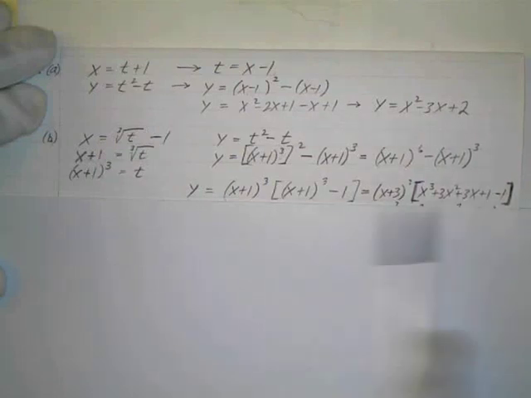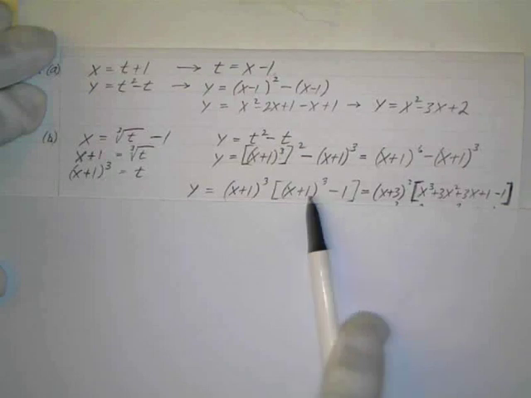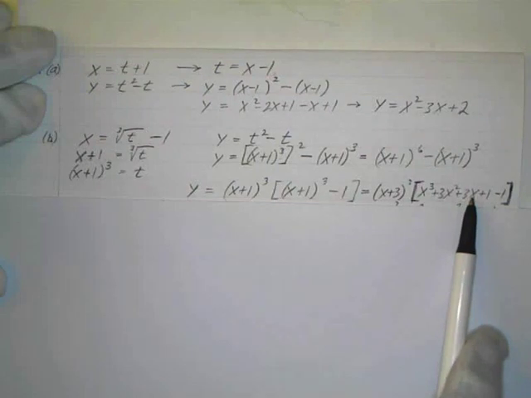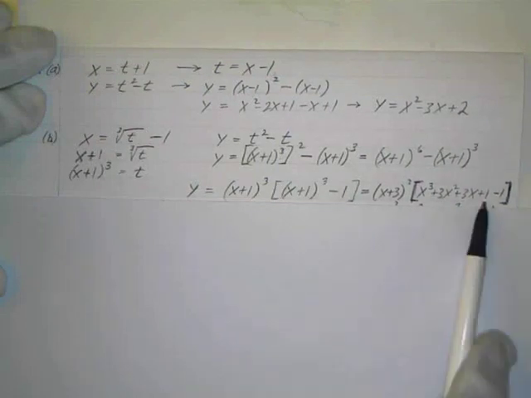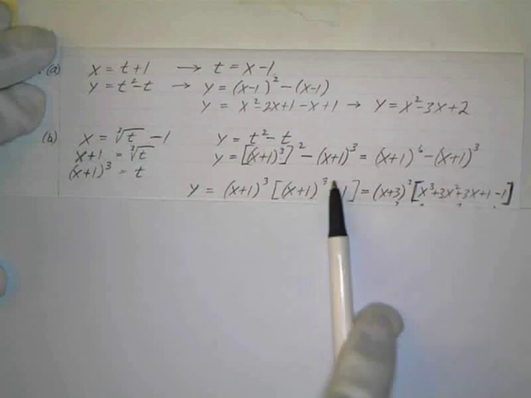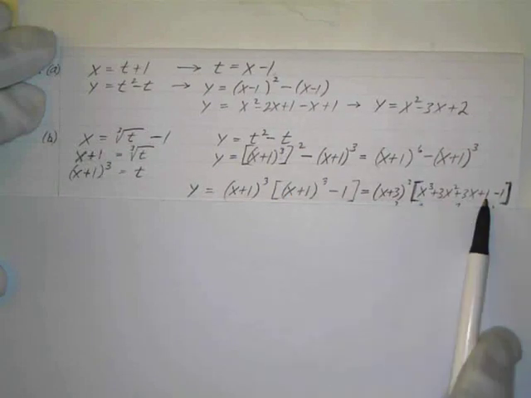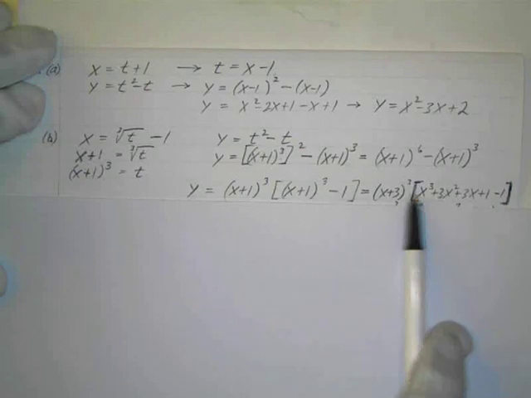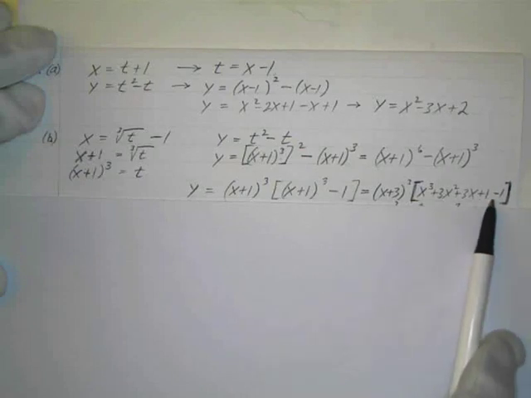Then we also have 3 times the first power, 3x, and then just the 1. So (x plus 1) cubed is this. If you multiplied it out, x plus 1 times x plus 1 times x plus 1, this is what you get. But if you remember this form, it's a little bit easier.